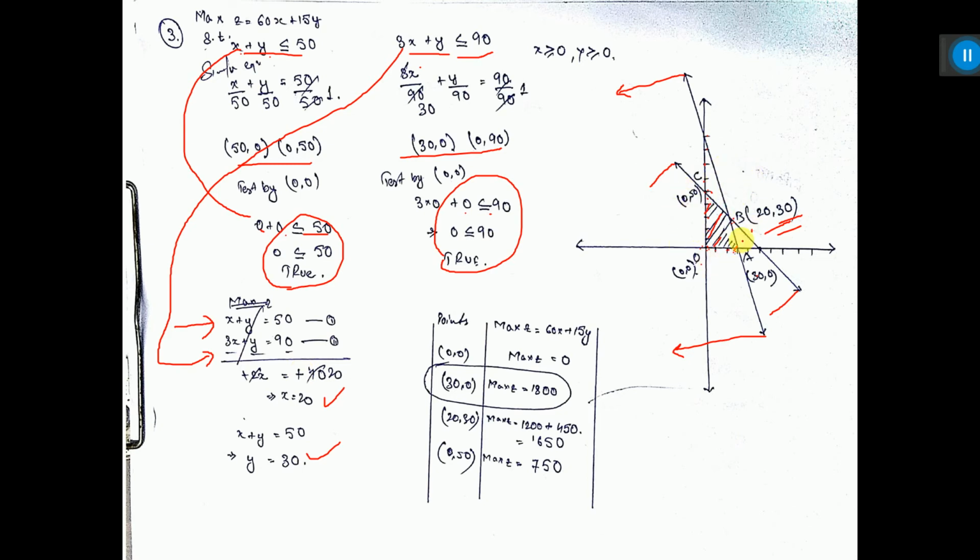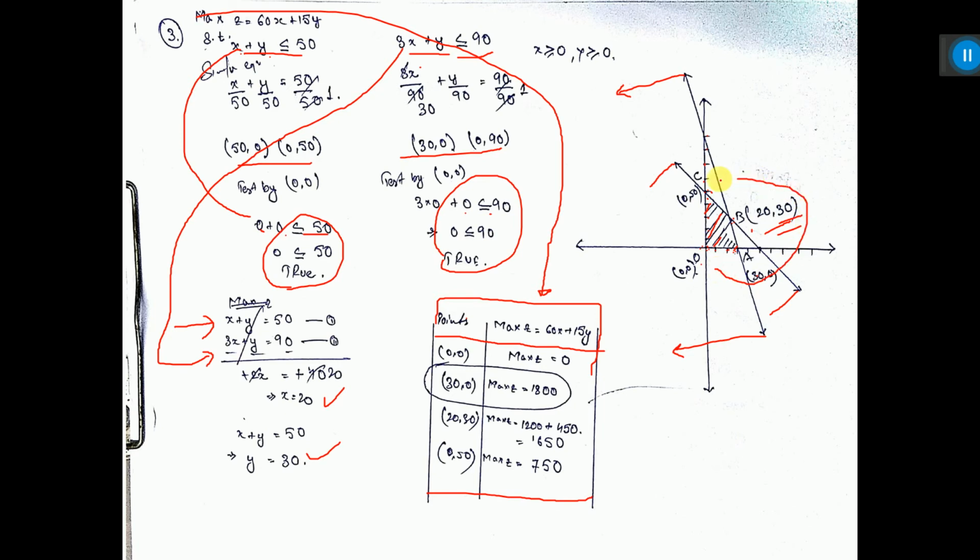Now we have to draw a table like this. What table? First you have to write points and then max z. This max z equation you have to write here. In the points column we have to write these 4 points. First is 0, 0, then 30, comma 0, then 20, comma 30, then 0, comma 50.